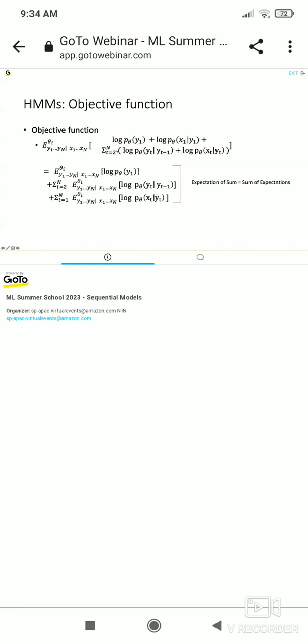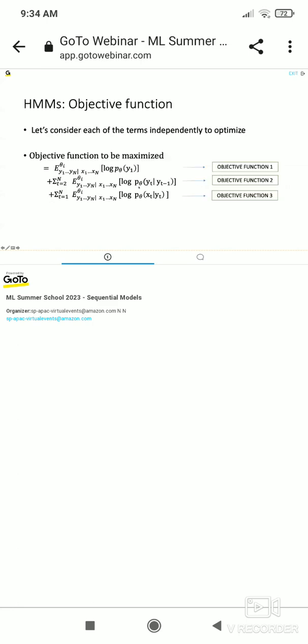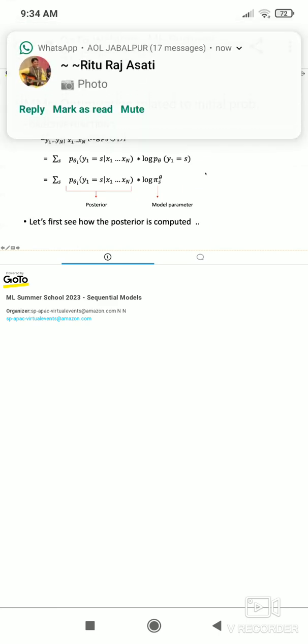So we can split this expression in order to compute each of the 3 parameters separately: first the initial probabilities, then the transition probabilities and the emission probabilities. We can compute the 3 objectives separately. So these are objective functions 1, 2, and 3. Let's first consider objective function 1, optimize it and find the estimate for the initial probabilities.